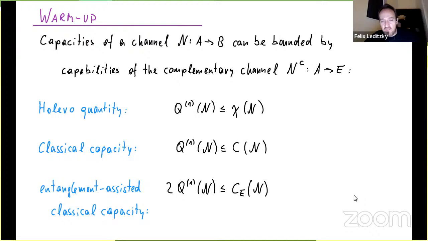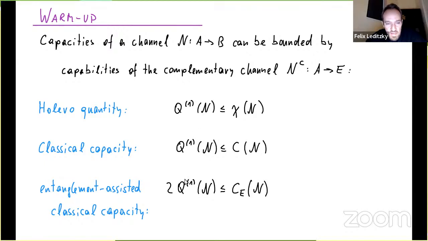And it follows in a straightforward way from looking at the entropic formulas that we have these inequalities here. So the Holevo information, because it basically drops the mutual information with Eve, is always at least as big as the private information. And then regularizing, the same holds then for the capacities.